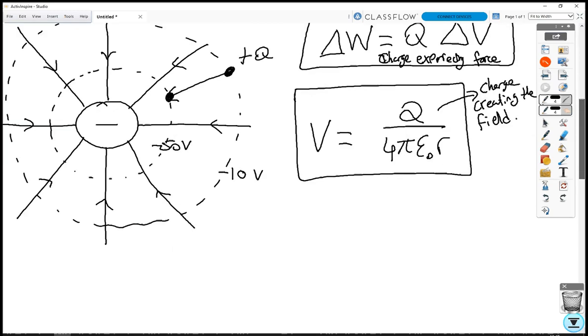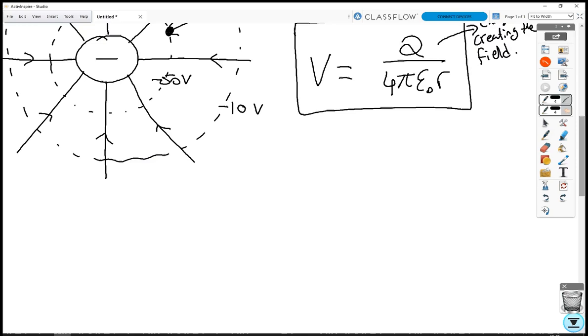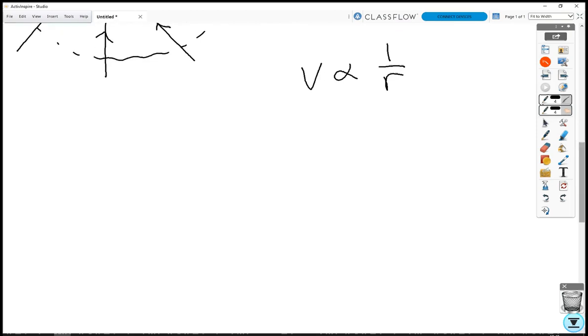But the relationship between the potential and separation still remains, where potential is proportional to 1 over r. So the relationship, when you graph it, still remains the same. If I put V and r, we still get a 1 over r graph.